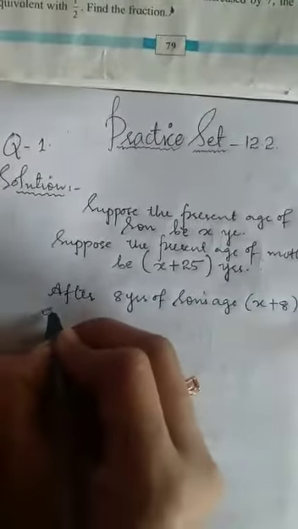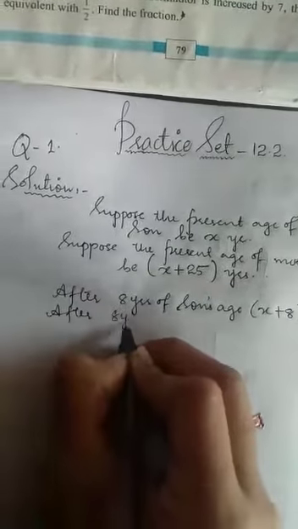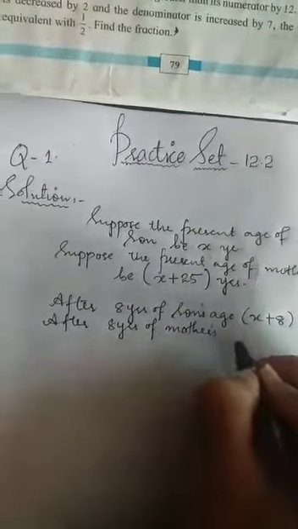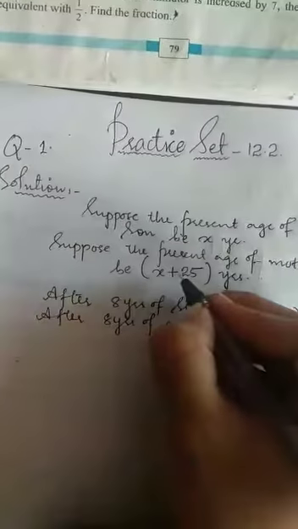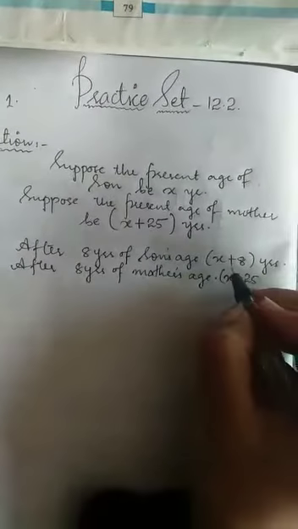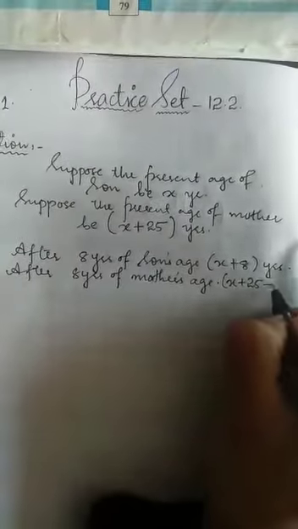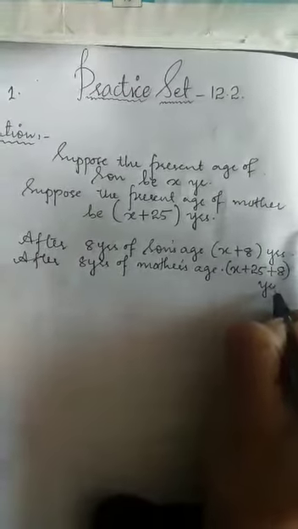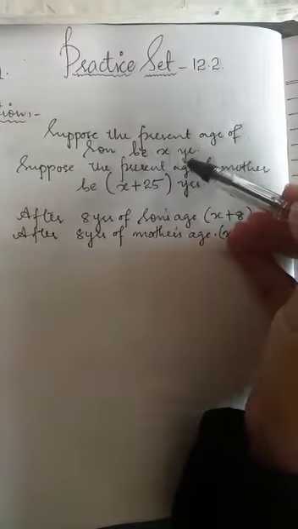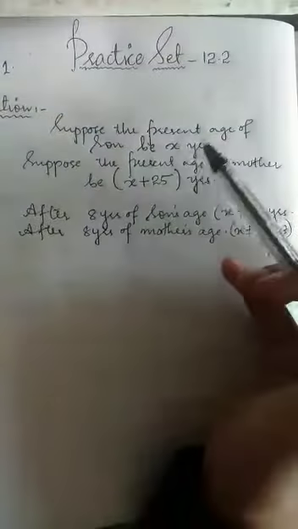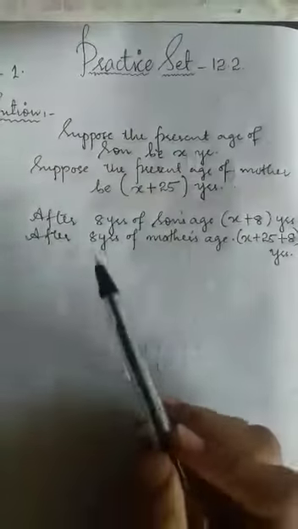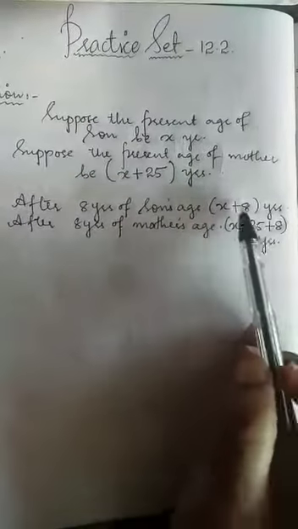Are you getting me? The present age of the son is x, the mother's age is x plus 25, and after 8 years we add 8 to both ages.